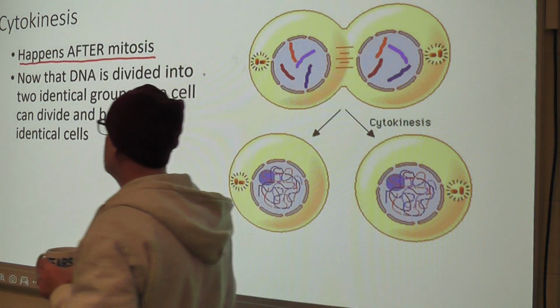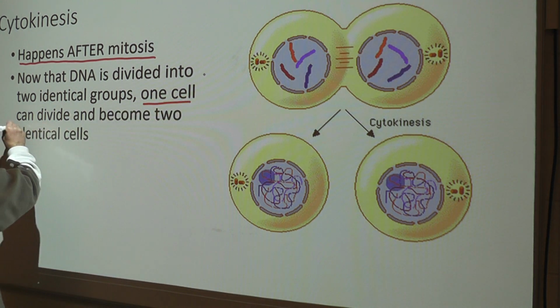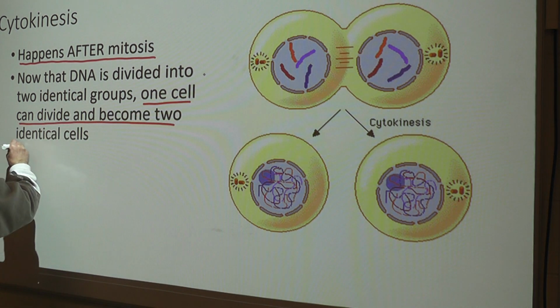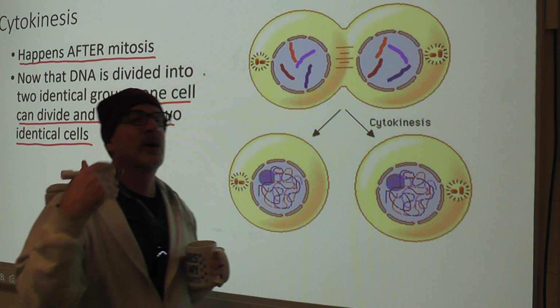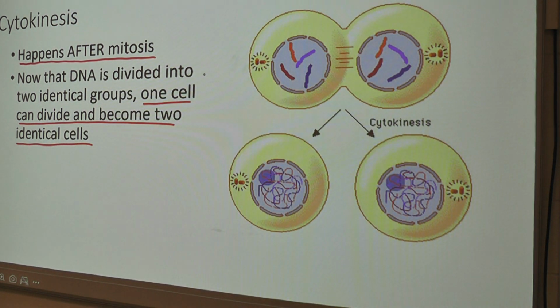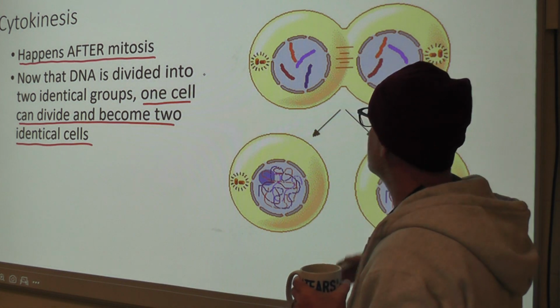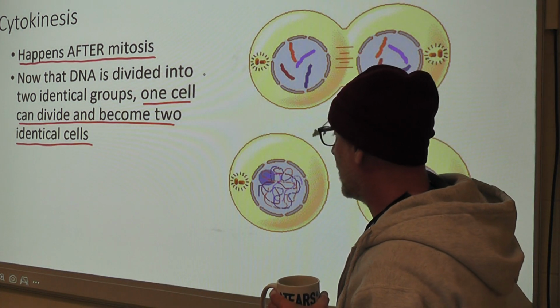So cytokinesis makes sure that each new cell has all the mitochondria that it needs, and all the ribosomes, and the Golgi apparatus, and the lysosomes, and all those other little pieces that have to be in a cell. That all has to get divided up too.